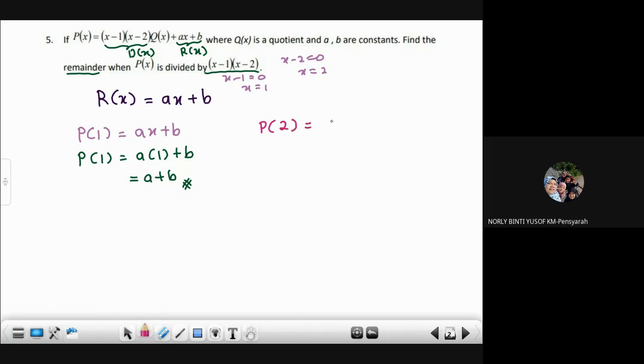So P(2), remainder is the same, ax plus b. So you sub the value, a(2) plus b. So you got 2a plus b. Okay, sebab soalan tak suruh you cari the value of a and b. Soalan cari remainder saja. So remainder tu dalam variable a dan b.